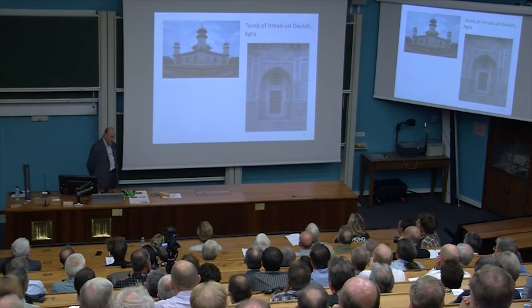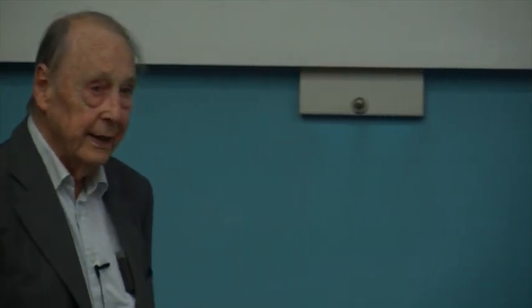You will probably know Agra as the site of the Taj Mahal, but it's also the site of this building, sometimes called the Little Taj, the tomb of Itmad-ud-Dawla, who was the chief minister of Shah Jahan, the Mughal emperor.